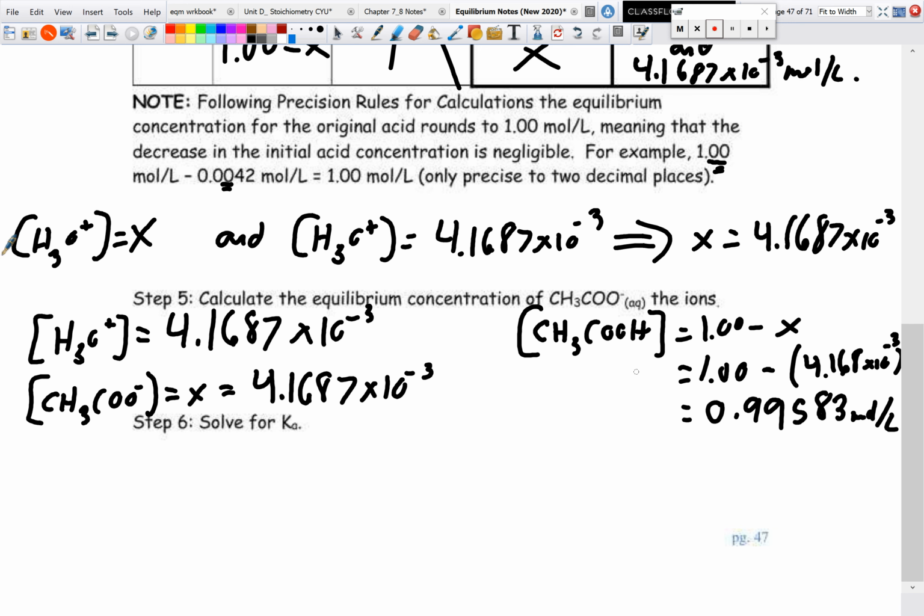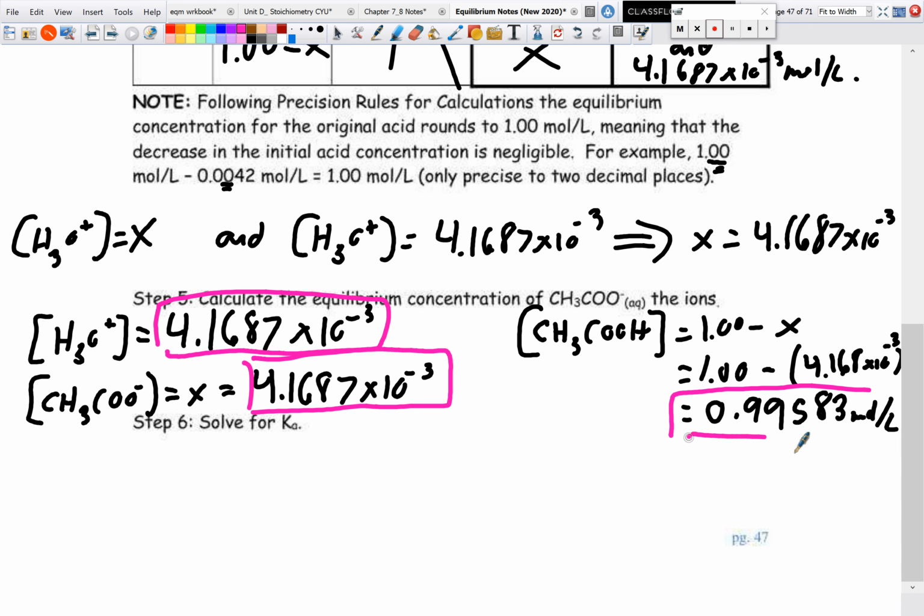So now we have at equilibrium the concentration of hydronium, the concentration of the acetate, and the concentration of acetic acid. So we plug this into our equation.